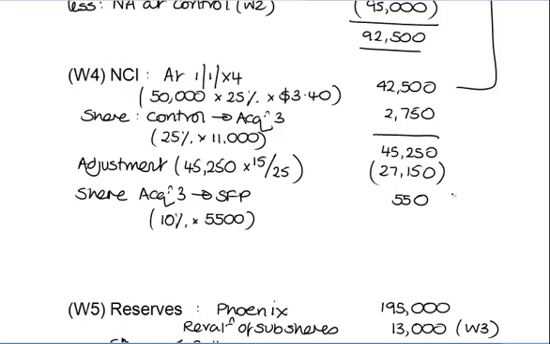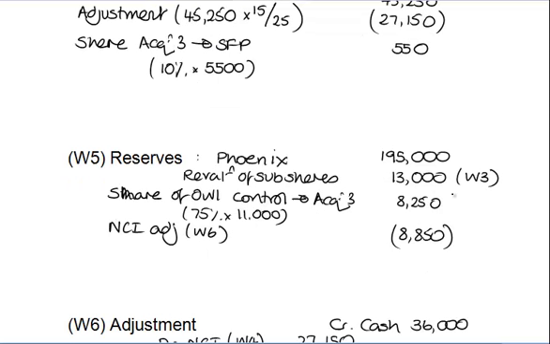If we're going to give the NCI 10% of the profits, we have to give the reserves of the group the other 90%.